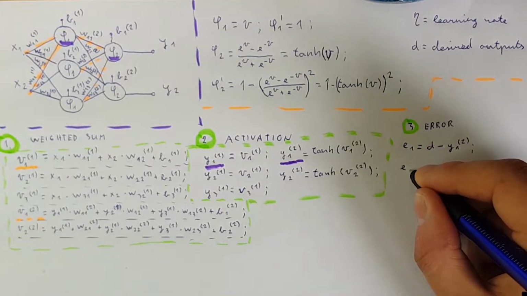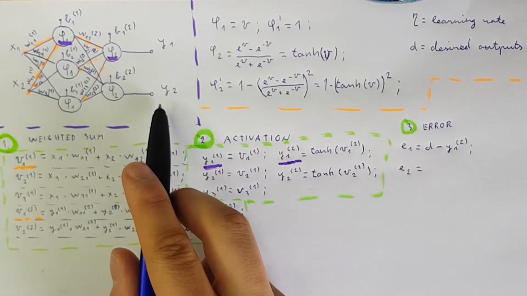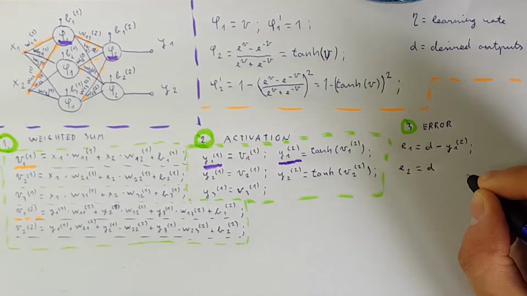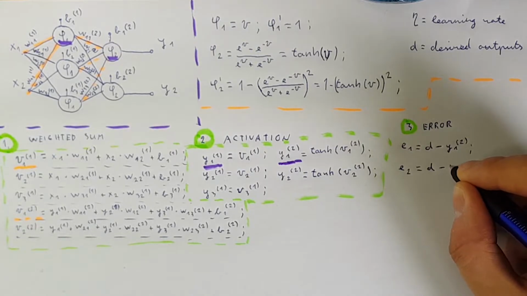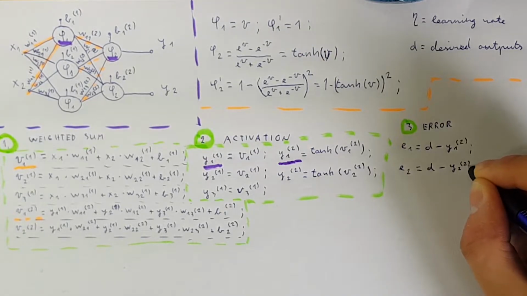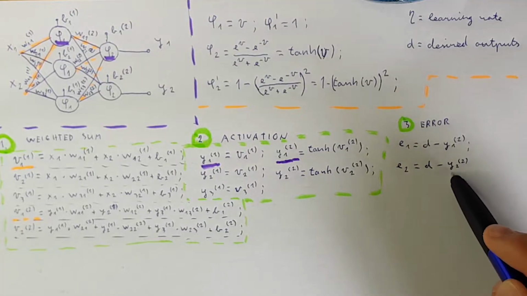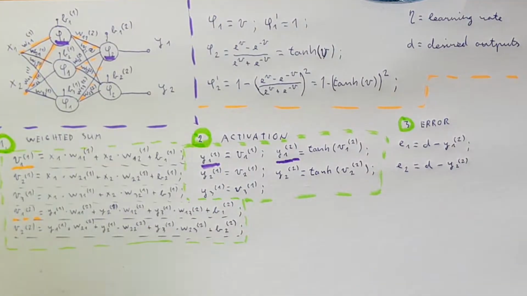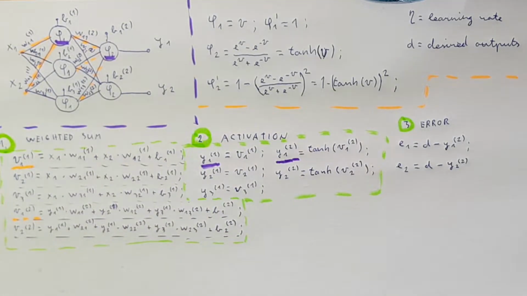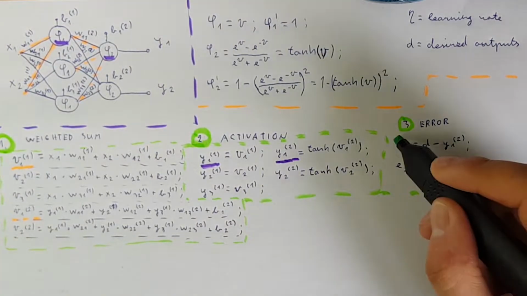And for error 2, which is the error of the second output, we subtract from the desired output our second neuron output, Y2 of the second layer. We could see that this Y1 of the second layer and Y2 of the second layer are equal to Y1 and Y2. So this is how we calculate the error. I think the error calculation is pretty simple.